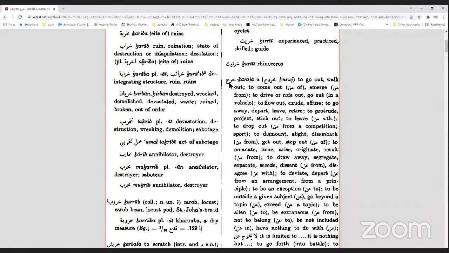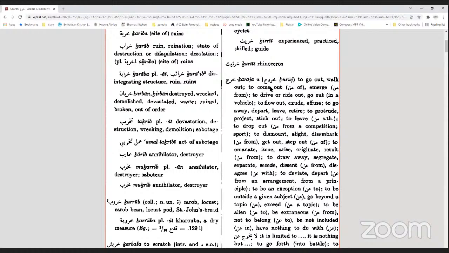It belongs to which bab? Kharaja yakhruju. Bab nasara again. Nasara yansuru.